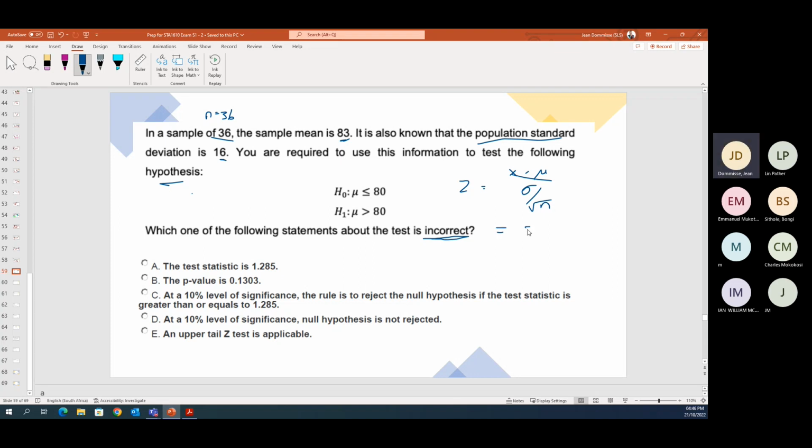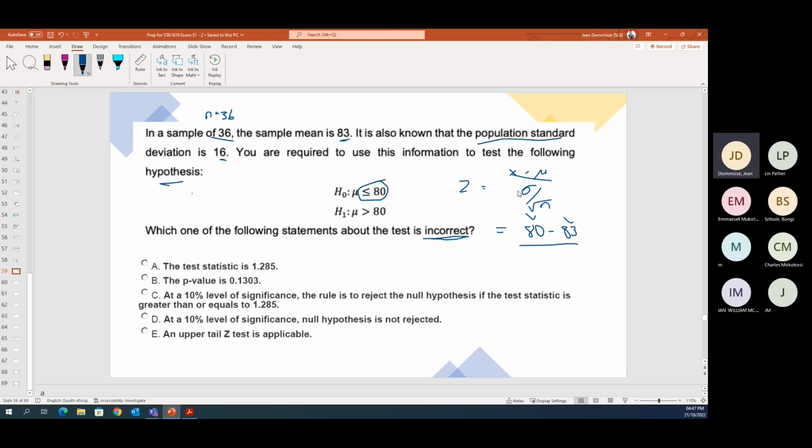So it is 83. It looks more like this. Okay, so we have a sample mean of 83. We're going to test it against 80.